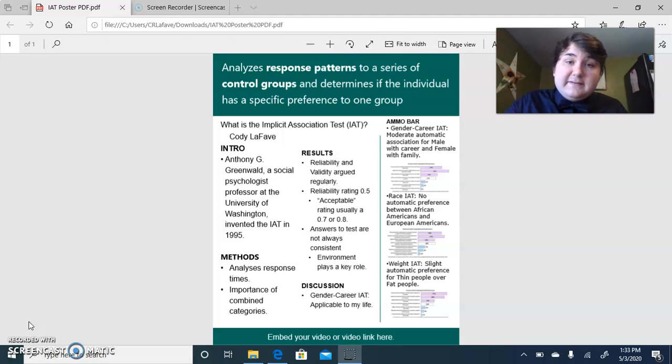In other words, this test determines if the test taker has an underlying bias for that one control group.